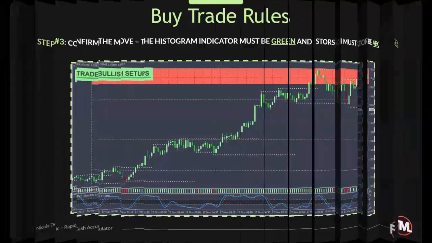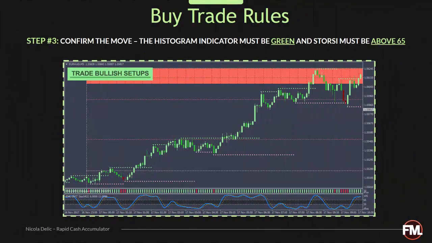The next part is to confirm the move, because every setup should be confirmed to make sure that we increase the chance to be right. For the confirmation, we are using that histogram and the stochastic RSI. For the buy confirmation, the histogram indicator, so that's the first indicator, must be green and the stochastic RSI must be above 65.